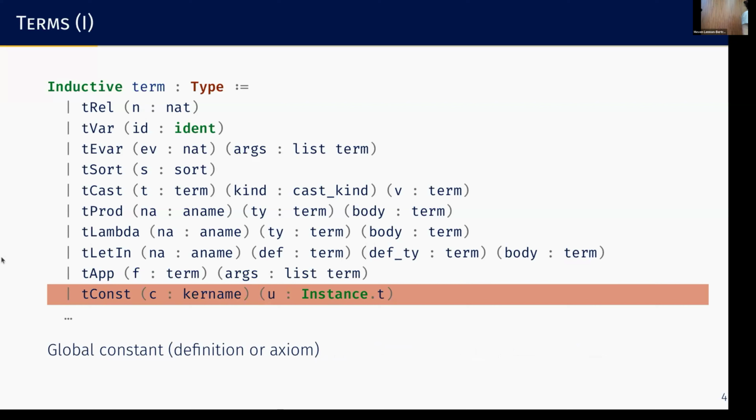And because we have universe polymorphic things, you can have definitions that have this pre-next quantification on universes, where whenever you have one of these definitions, you also need to give them an instance of universes to instantiate these polymorphic things. I'm going to tell a bit more about this later on, but yes, that's the idea.